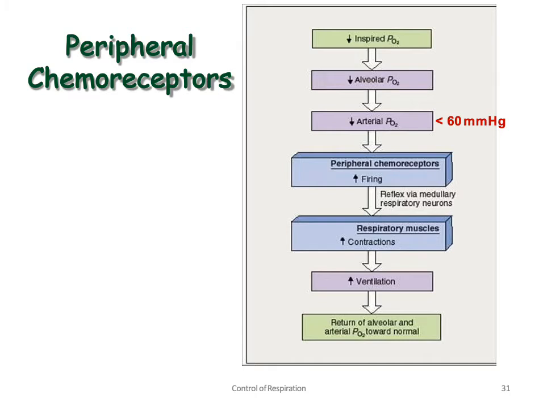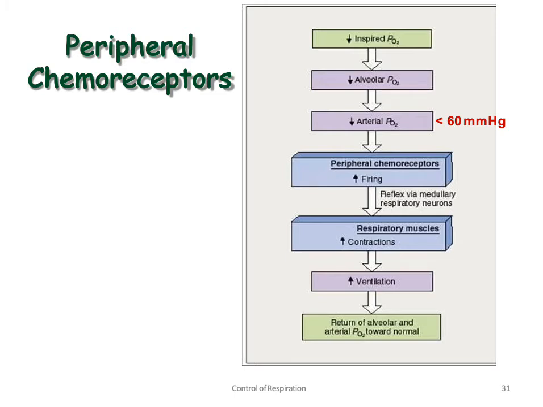So what happens when there are changes in the partial pressure of oxygen? When less oxygen is taken in, the alveolar partial pressure of oxygen in the alveoli will decrease. Then the arterial partial pressure of oxygen will decrease.